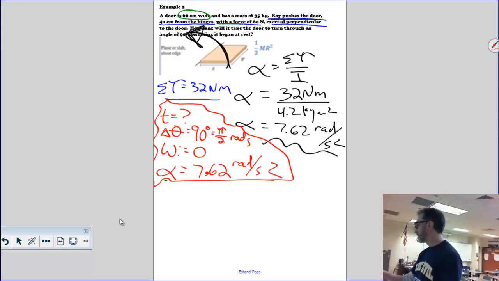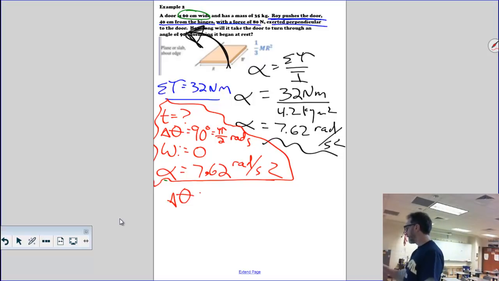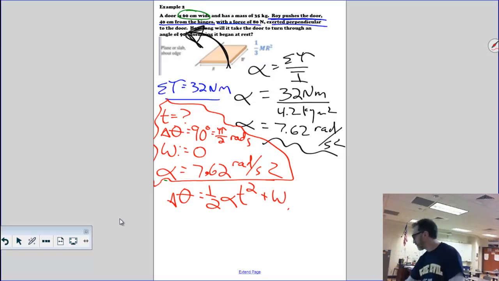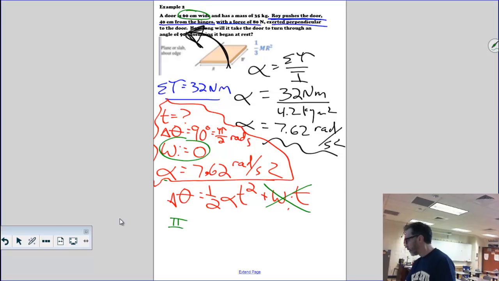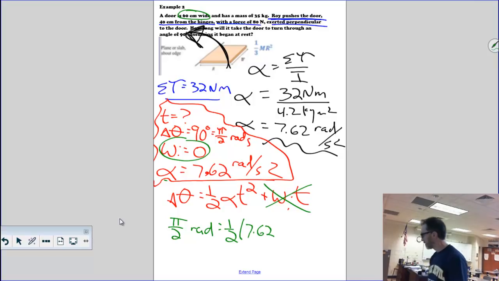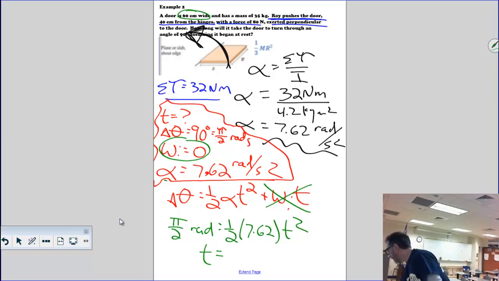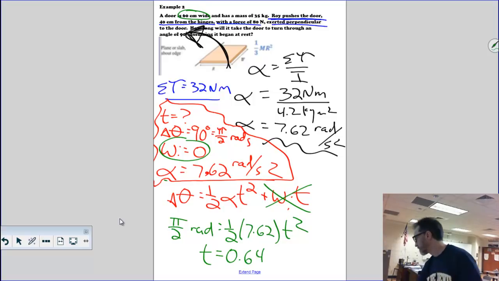I am looking at these four variables and thinking that it might help me use this equation. And since omega i is 0, this all goes away. So I am looking at pi over 2 radians equals 1/2 alpha times t squared, and solve it. Okay? And so the time turns out to be 0.642 seconds.